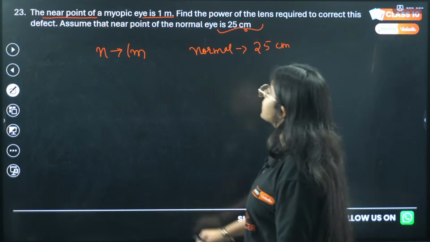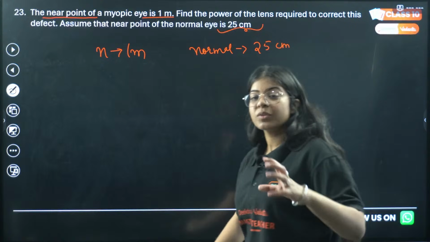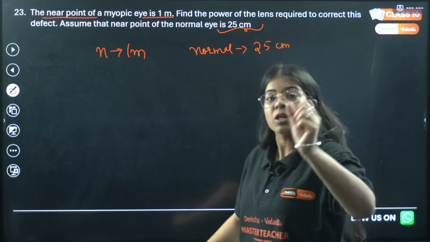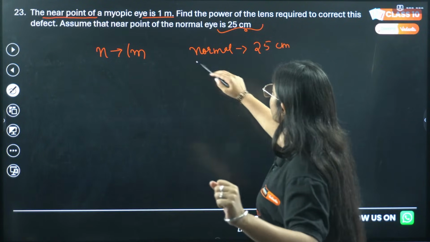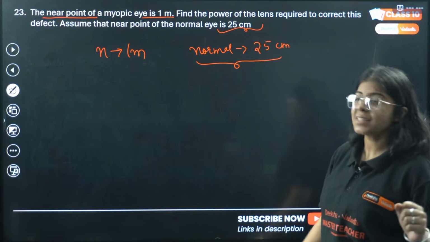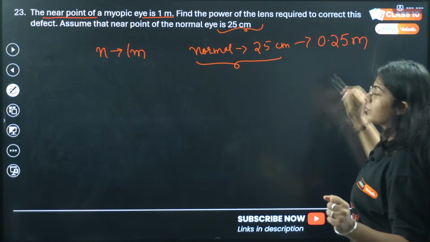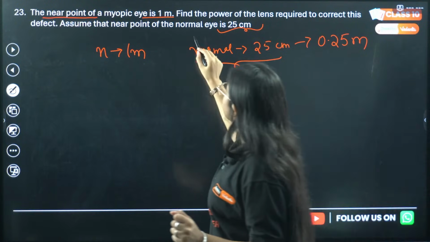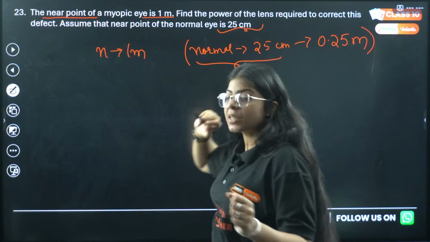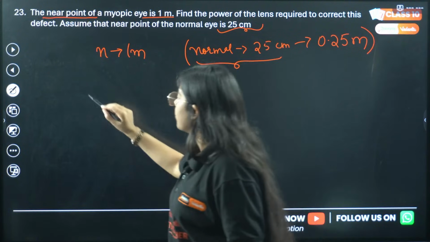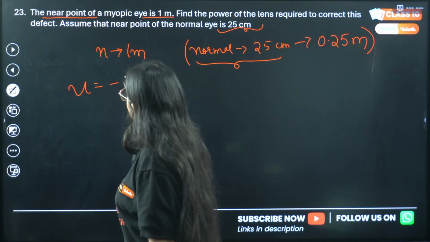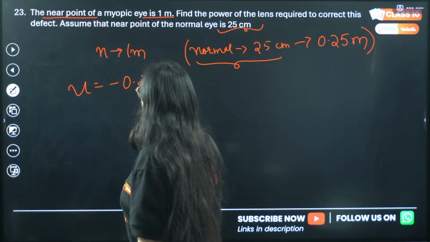Okay, let's see the answer. The person's near point is actually 1 meter. But we know the actual near point of a normal eye is 25 centimeter, which is 0.25 meter. Correct? Now this is where my object will be placed, at minus 0.25 meter.